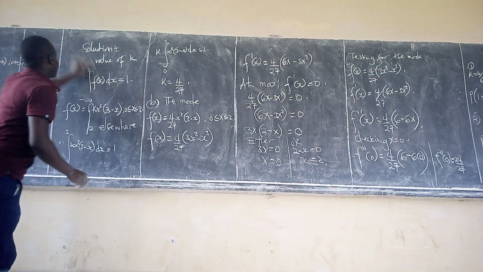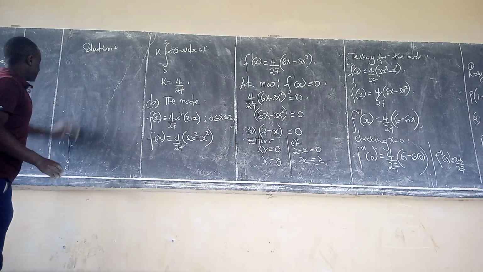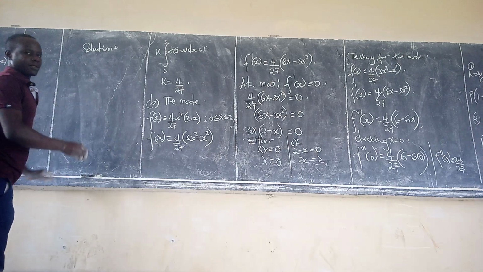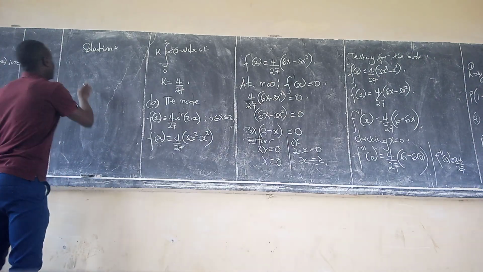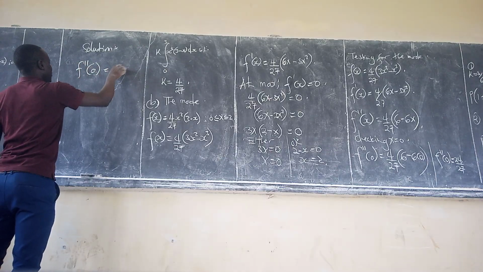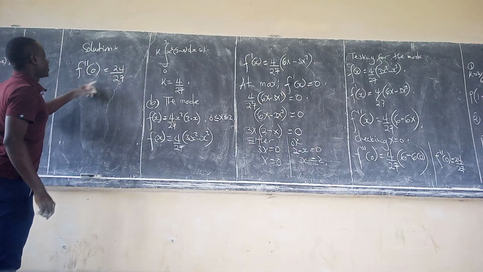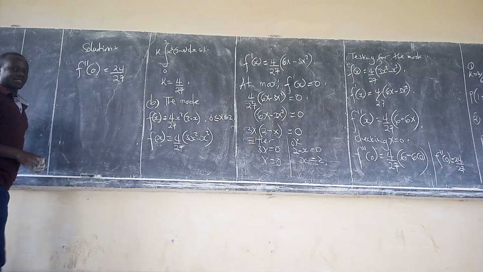Then I ask myself, is 24 over 27 less than 0?